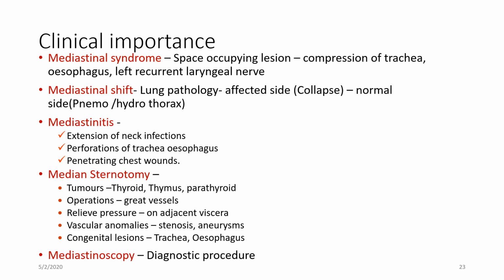And if there is a pressure from adjacent viscera, to relieve the pressure also, the median sternotomy is performed. If there are vascular anomalies like narrowing or dilatation of the vessels, that is stenosis and aneurysms, the median sternotomy is performed. If there are congenital lesions of trachea and esophagus also, the procedure of median sternotomy is performed.